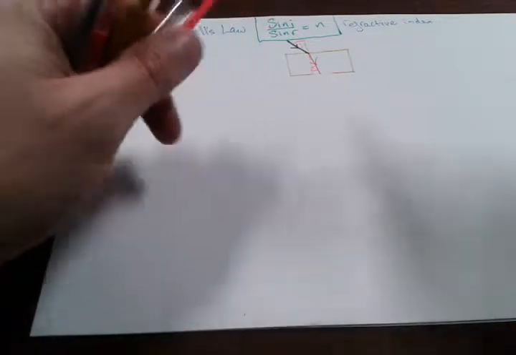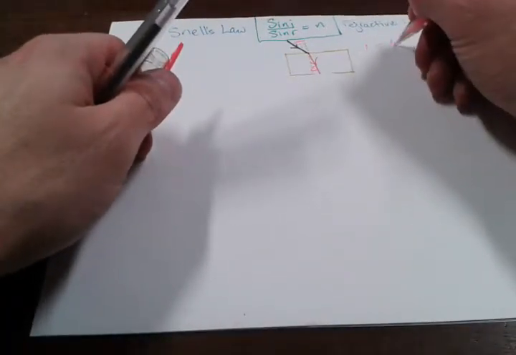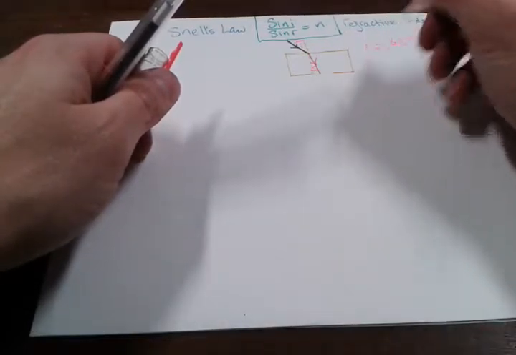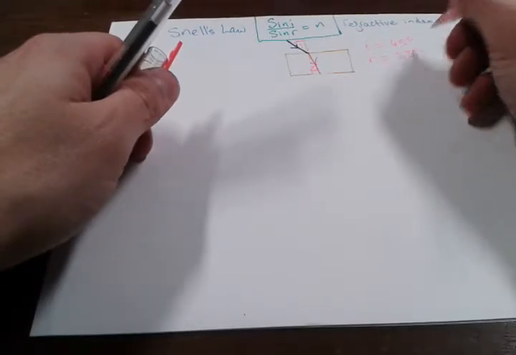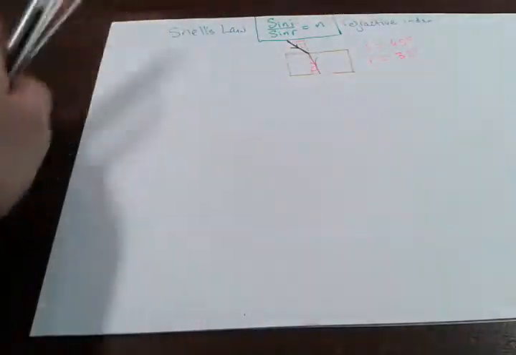We're told in this question that i is equal to 45 degrees, and that the refracted ray makes an angle of 33 degrees with the normal. So how do we calculate the refractive index?